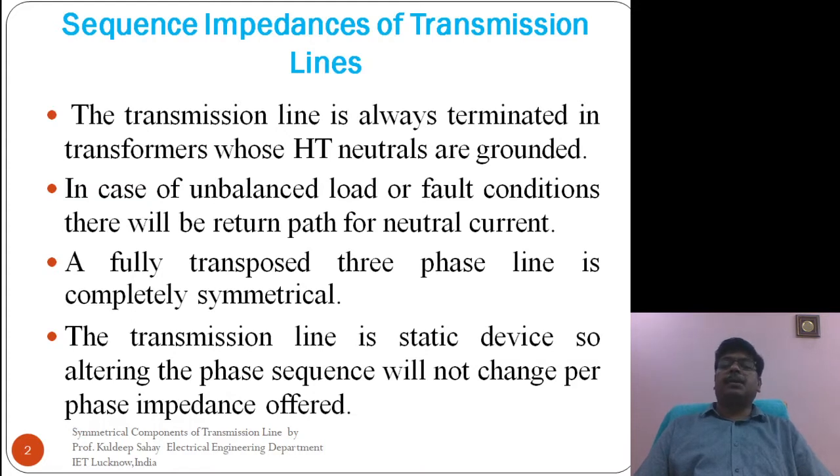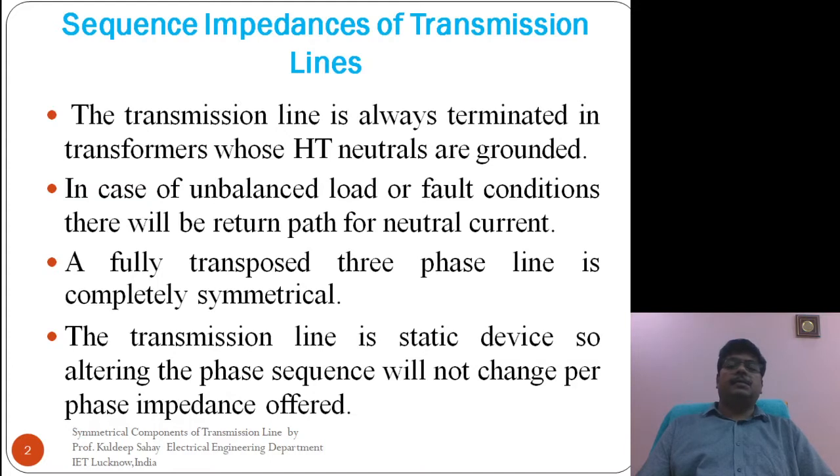That will cause a different voltage drop, and finally unbalanced voltage at the terminal level. So this is the reason why the transmission line is fully transposed, so that mutual inductance between each of the lines remains the same.